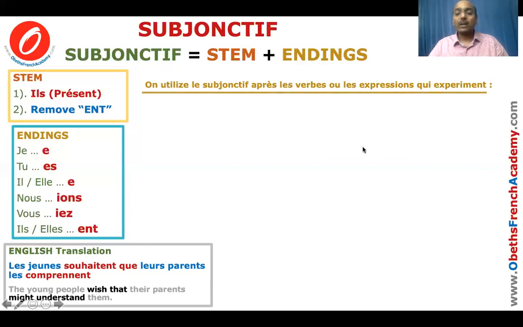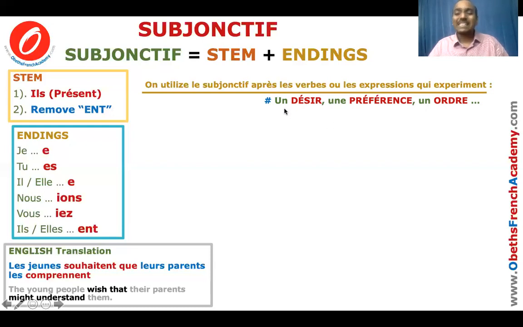I told you a subjunctive is used after a verb or an expression that talks about a désir, a desire, une préférence, a preference, un ordre, an order. So whenever you find an expression or a verb that talks about desire or preference or order, and after that you find a verb, that verb should be in subjunctive tense.